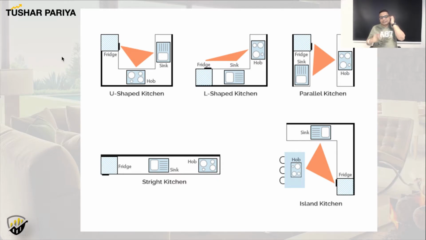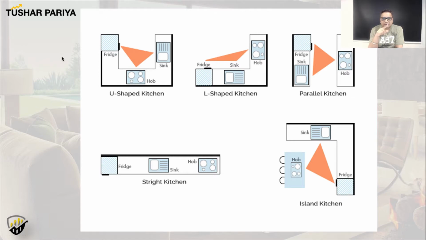Now let's understand what happens in the kitchen. In the kitchen there are basic five types of planning to be done. In the planning, you can see there is an orange triangle, right? That is called a work triangle. If the kitchen is U-shaped, you need a work triangle wherein the hob is in the middle, the sink is on the right side, and the fridge is on the left side.